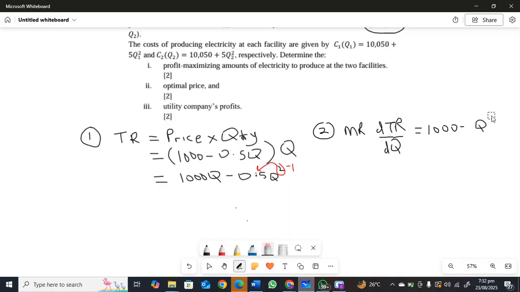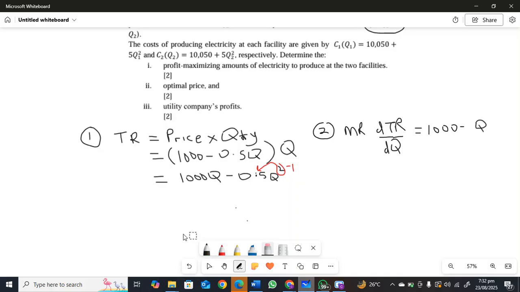Do everything just like you've got one cost function. Get your total revenue, get your marginal revenue. The long cut method is where we see Q, we substitute it with Q1 plus Q2. But in this method here, first you tackle it like you've got one cost function.